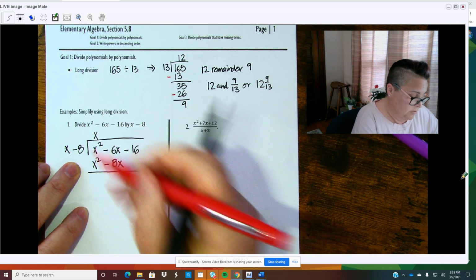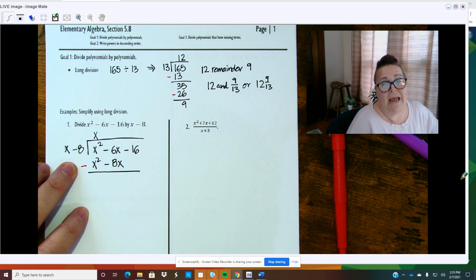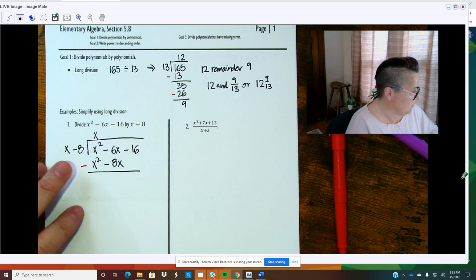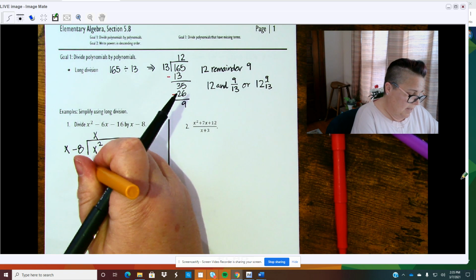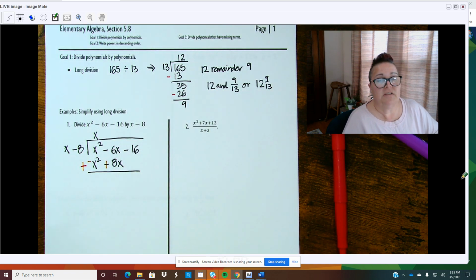Now the problem is I need to subtract. When we did the vertical a couple of sections ago, we're going to call back on that. Subtraction is the same as adding the opposites. So we want to think of it as subtraction, but we are adding opposites.